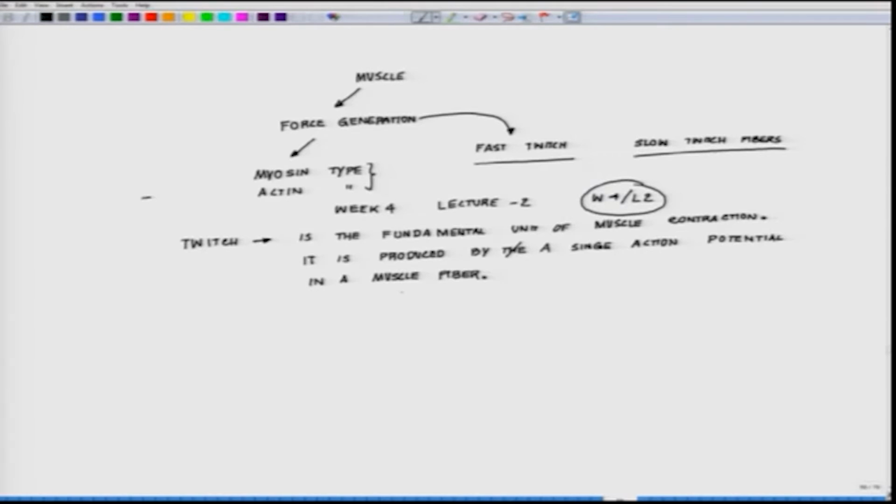Okay. It is characterized by a short delay.